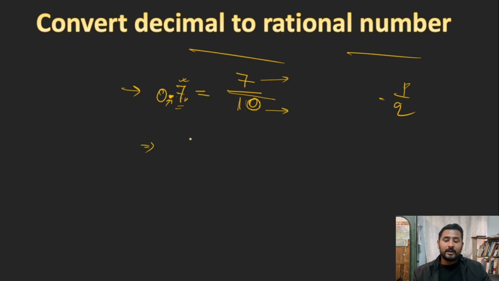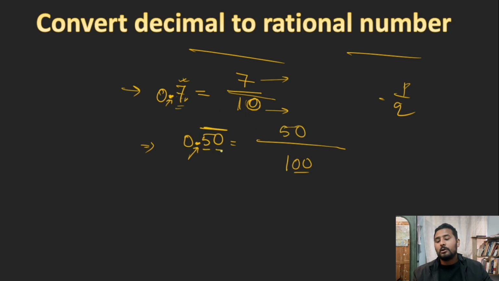One more example, if I give you say 0.50, what will I do? First of all, you start with the denominator. I can see this is the decimal point, and after that 2 digits, so I'll give 1 then 2 zeros, that is 100. And what about the numerator? You will write this 50 only.